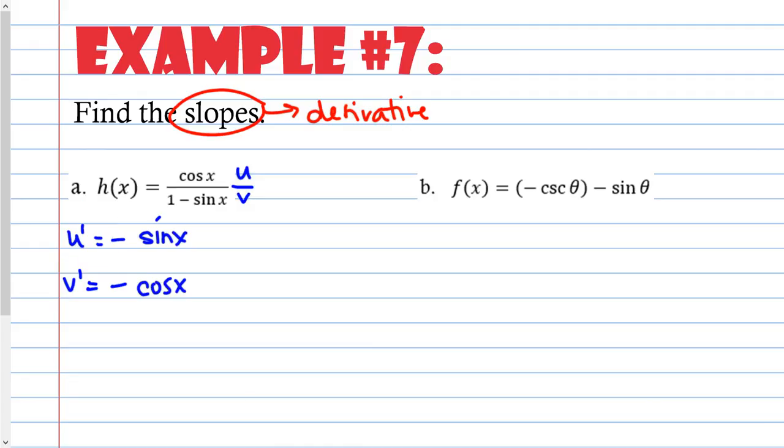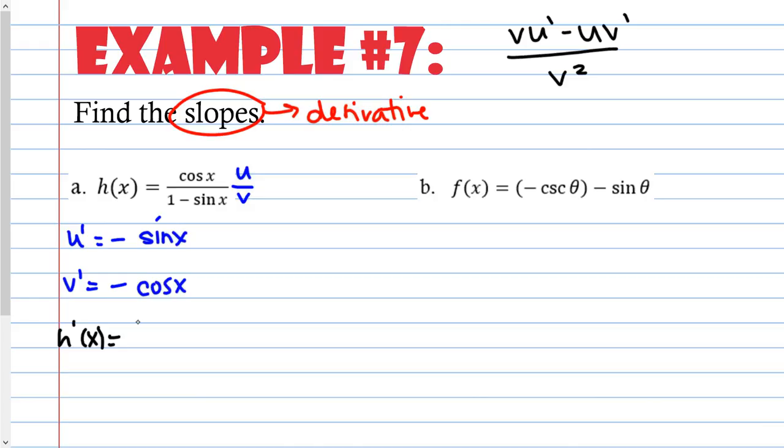Okay, so let's do it in black. H prime of x. So this is going to be low d high minus high d low over low times low, and I'll write it on the top up here. So v times u prime minus u times v prime over v squared.